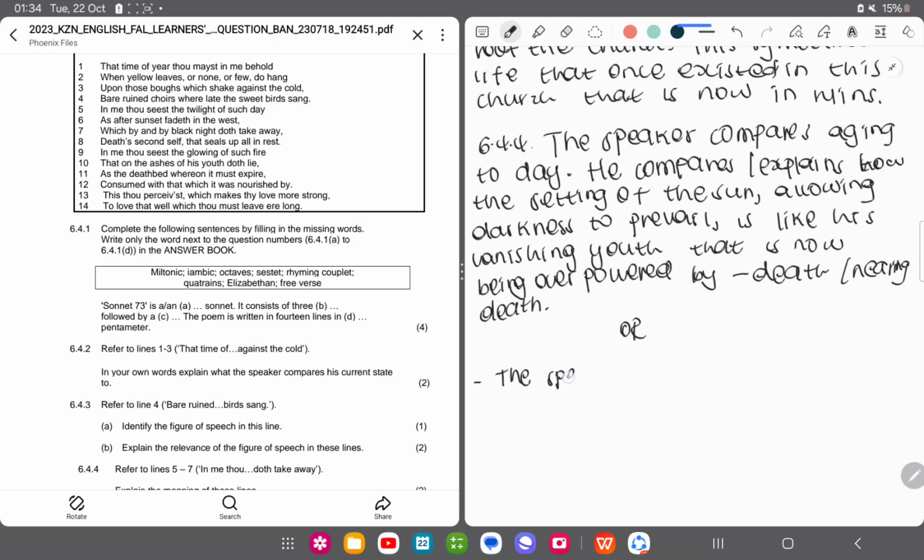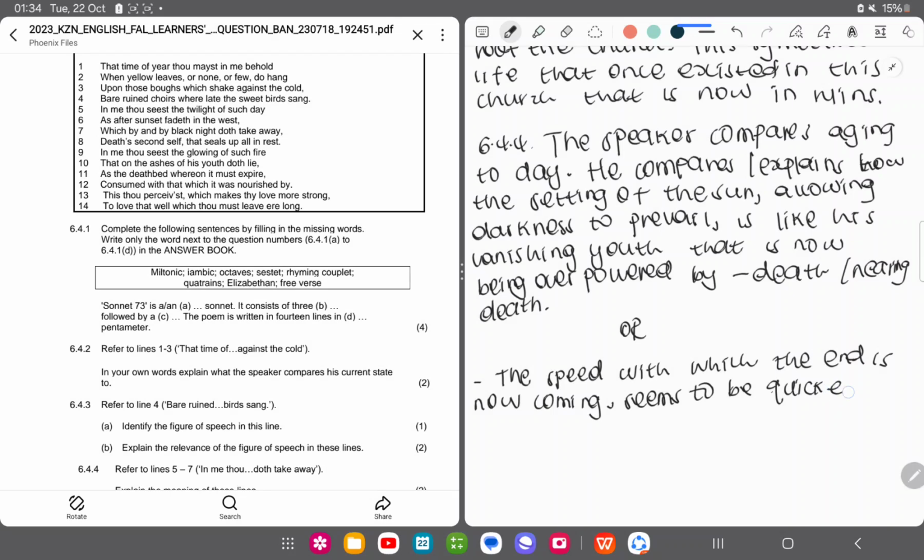So you can say the speed with which the end is now coming seems to be quicker than how it came when he was in his youth.